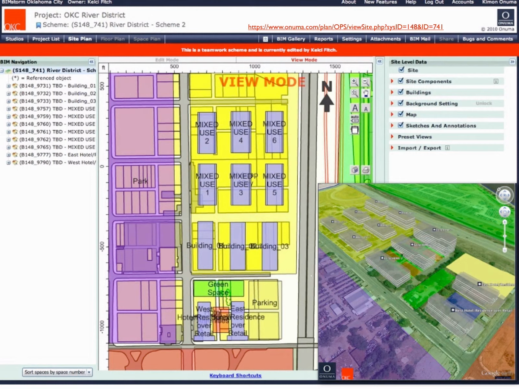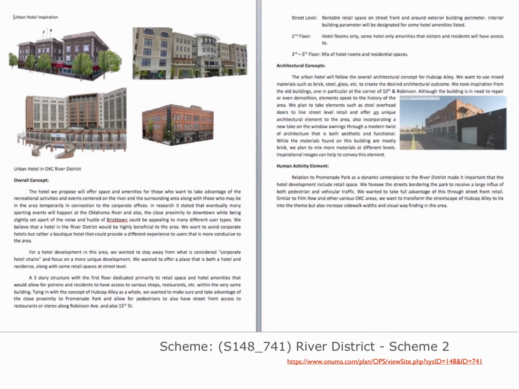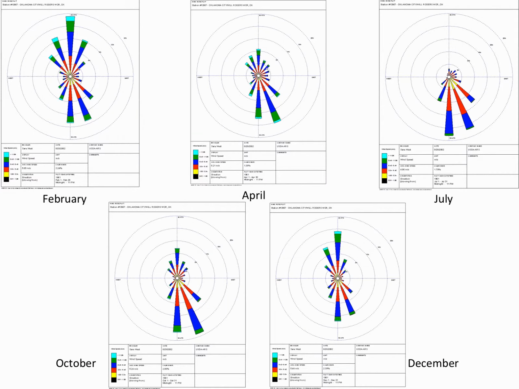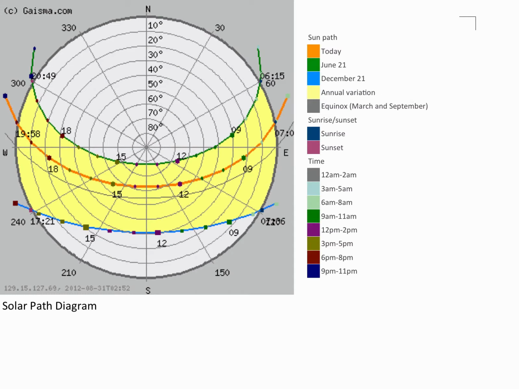Again, the resulting plan. This was not a single building, but a group of buildings in an area of the city to the east of the new Central Park. The basis for their concept and studies and analysis of the whole area. Again, energy studies were included.